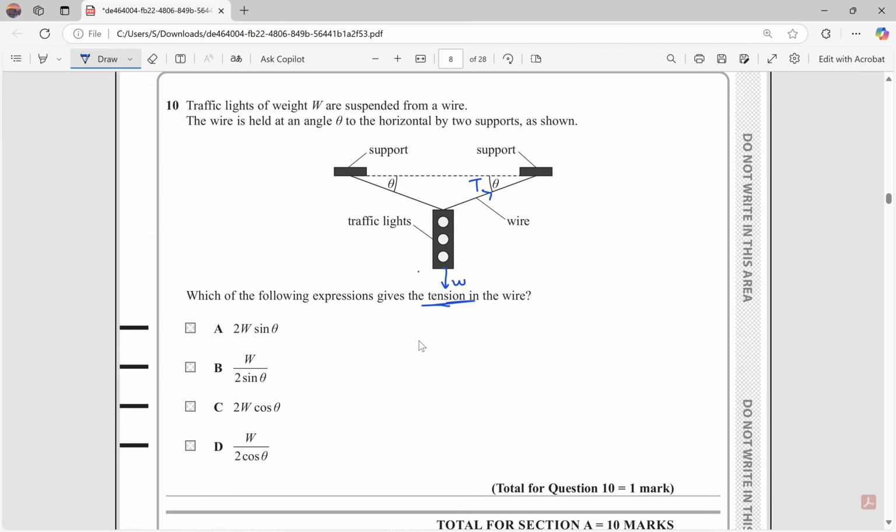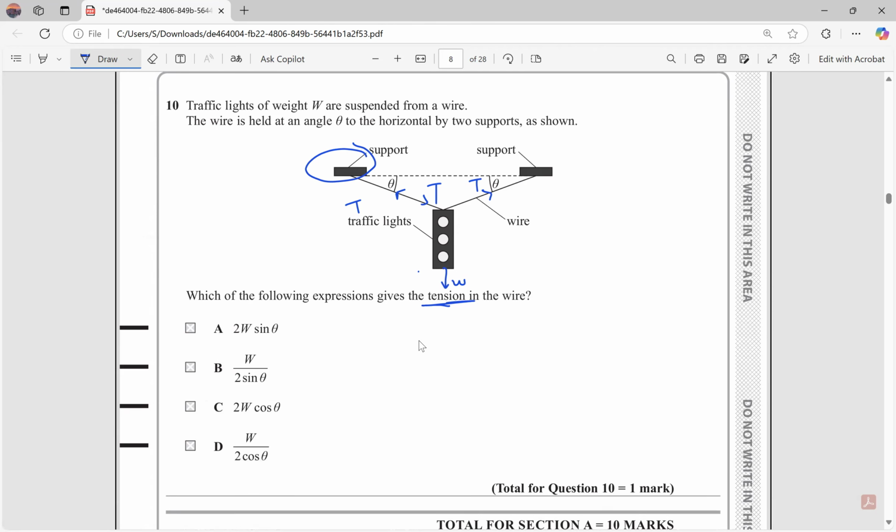So the tension will be towards the support. The tension acting on the traffic light will be towards the support, right? Because we are considering this from the perspective of traffic lights. Let's say if instead I was considering it from the perspective of the support, then the traffic light also pulls the support towards each other. Then I would consider tension in the opposite direction.